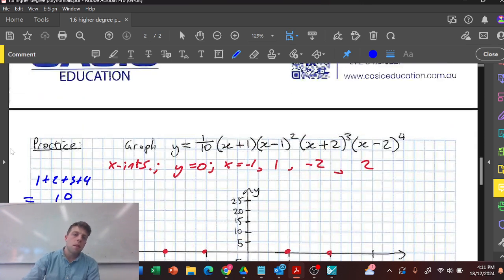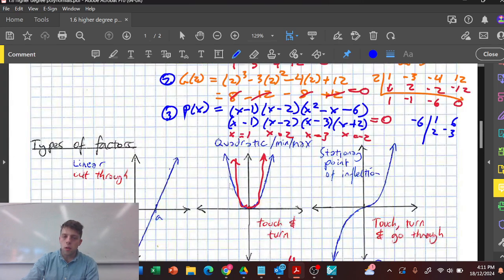All right, well, that means it's going to look like this. Overall, we're going to go up on one side and up on the other side. How do we know it's not going to be down on one side and down on the other side? Well, that only occurs when the leading coefficient is a negative value. That's when it's going to be upside down.